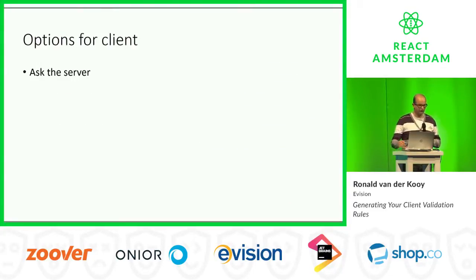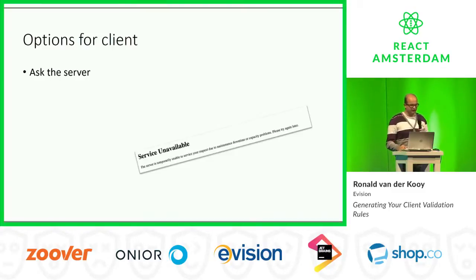So we came up with the following options. For example, you can ask the server all the time for validations, right? You're working with a document and you say, am I valid, am I valid? Not really good, it becomes a bit chatty and we would be seeing 503 errors very soon. We could say, well, you know what, we're going to write our rule engine again, but now on the client.